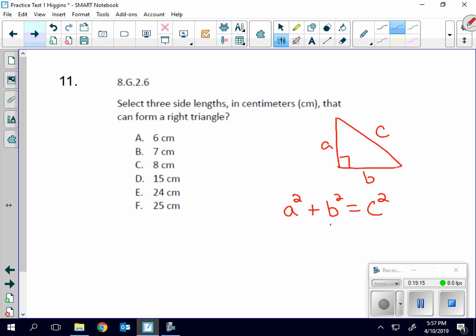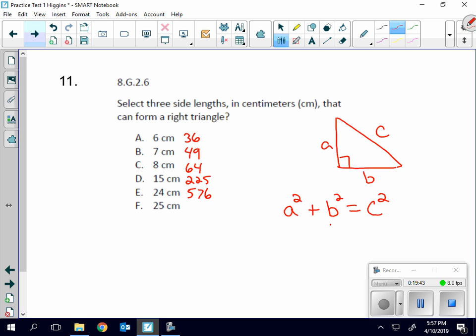So what's 6 squared? 6 squared is 36, right? 7 squared is 49. 8 squared is 64. All right, 15 squared is 225. 24 squared, again, you can use a calculator for these ones, is 576.